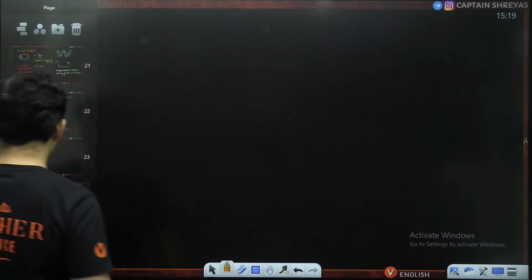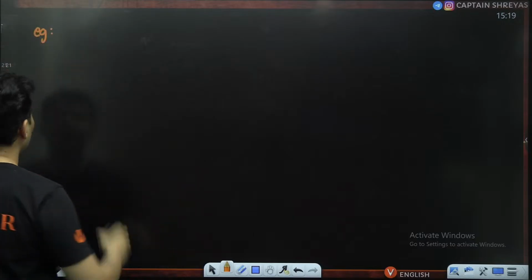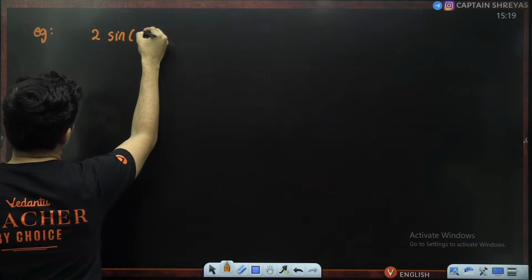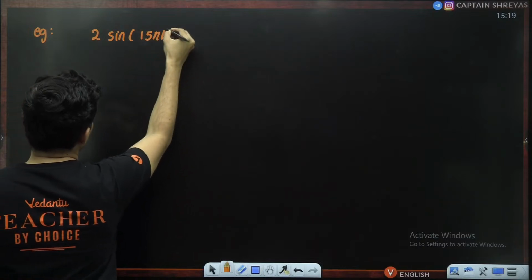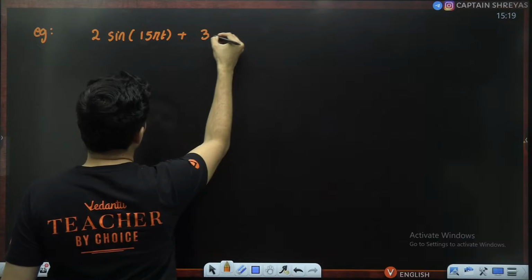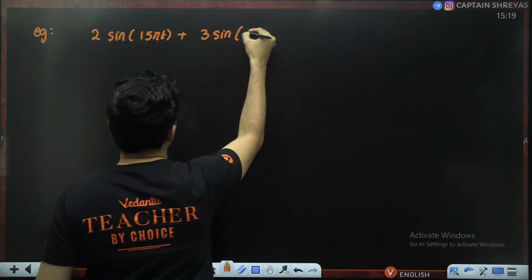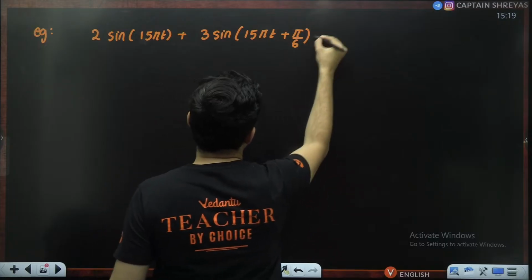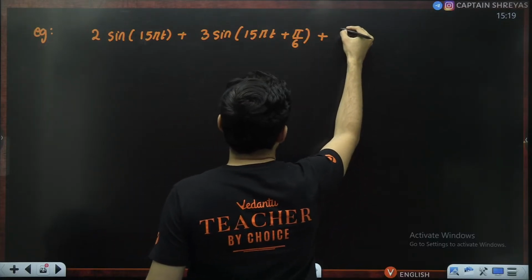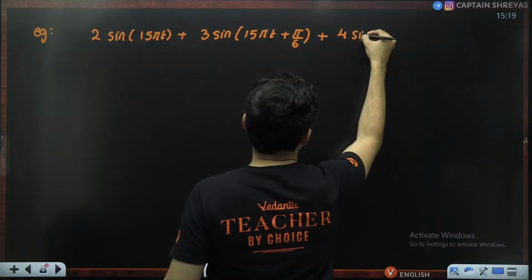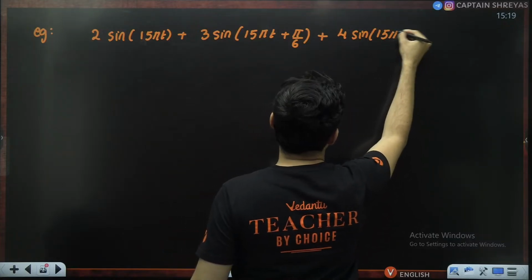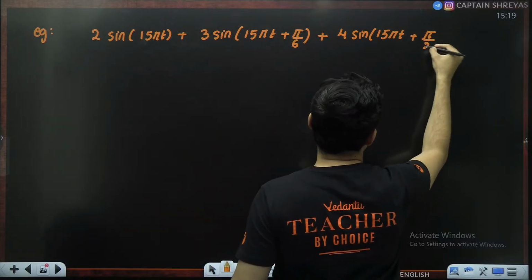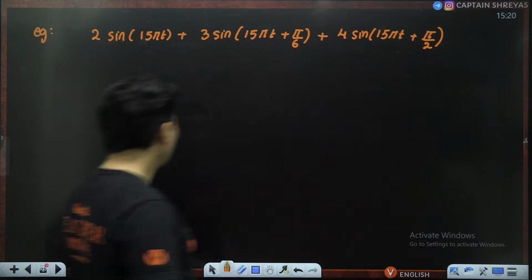Example, say you have to add 2 sine 15 pi t plus 3 sine 15 pi t plus pi by 6 plus 4 sine 15 pi t plus pi by 2, something like this.